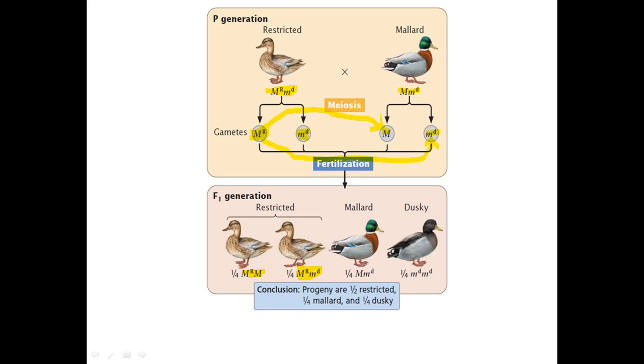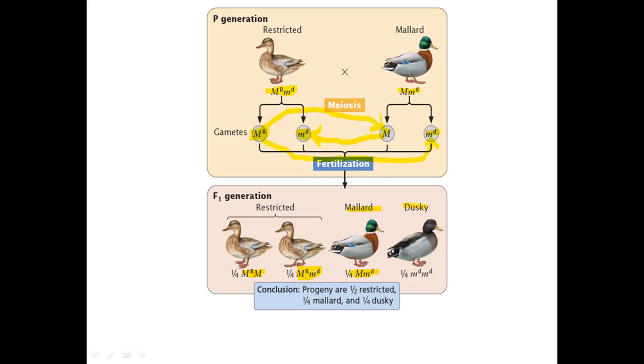Another one, this small m D, will combine with capital M. So capital M and small m D is there. Capital M is dominant over small m D, therefore it will be mallard.